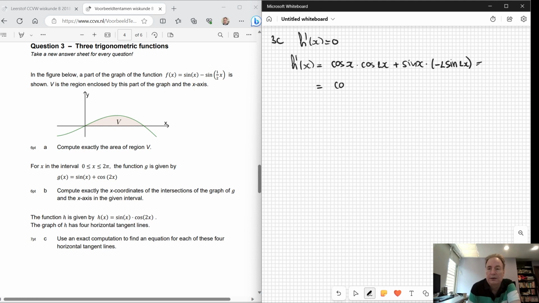So we get cosine x times cosine 2x minus 2 sine x sine of 2x. So let's just apply this formula for the double angle again.